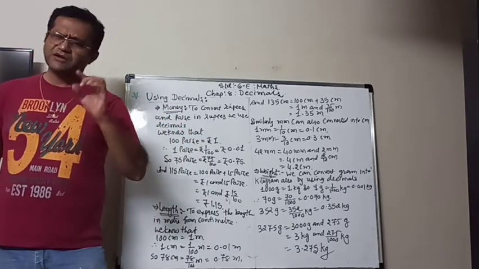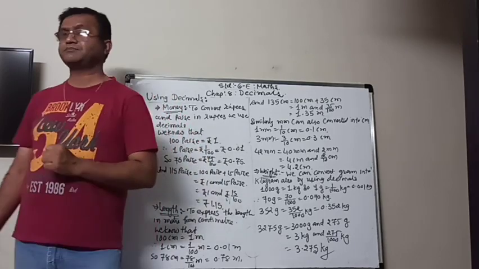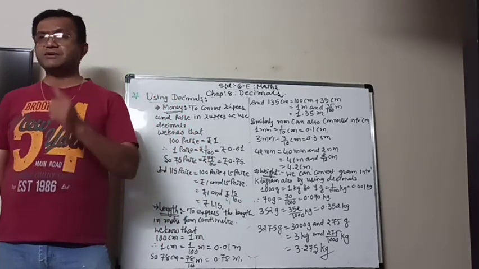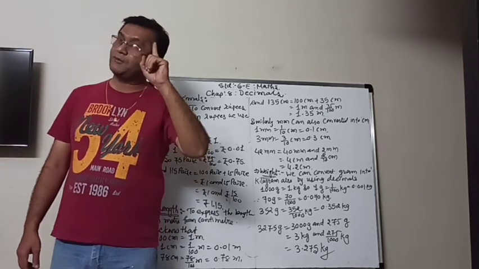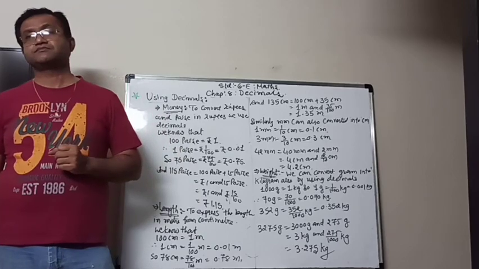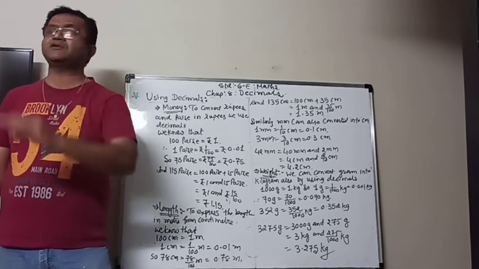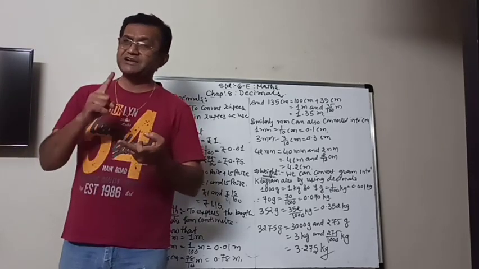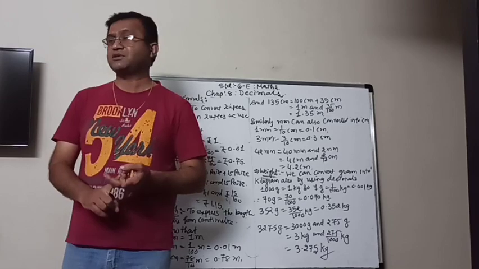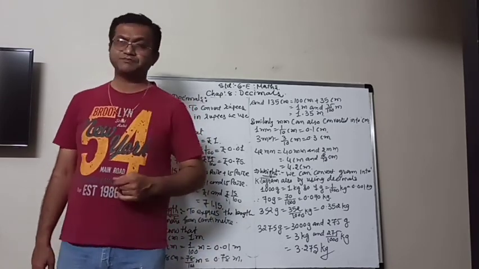Here we know that 1000 gram makes 1 kilogram. It means 1 gram is the 1000th part of 1 kilogram. 1 gram is equal to 0.001 kilogram, because it is the 1000th part of 1 kilogram.